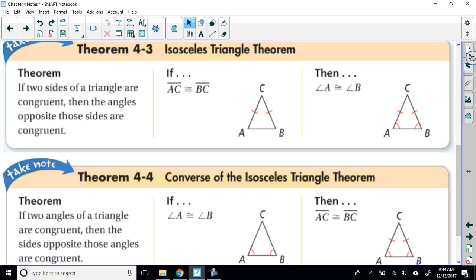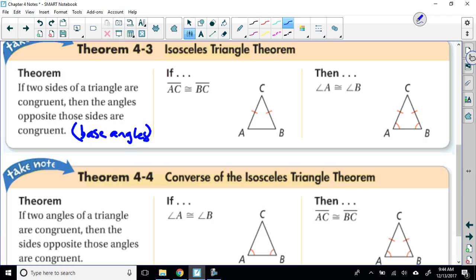If two sides of a triangle are congruent, and usually that implies it's an isosceles triangle, then the angles opposite those sides are congruent. So what they're saying here is that the base angles of an isosceles triangle are congruent.